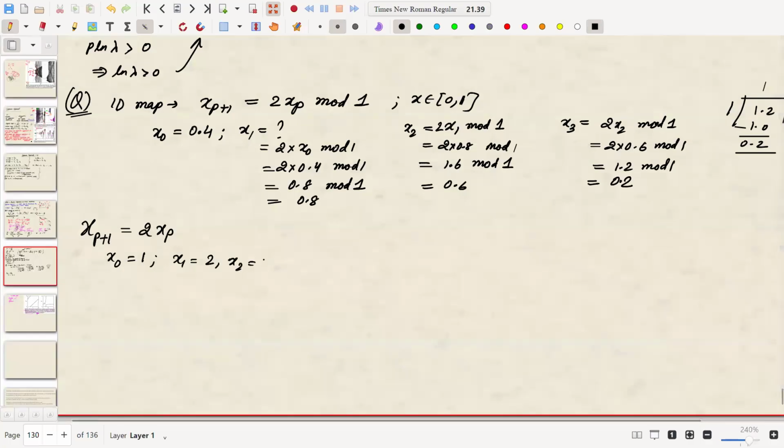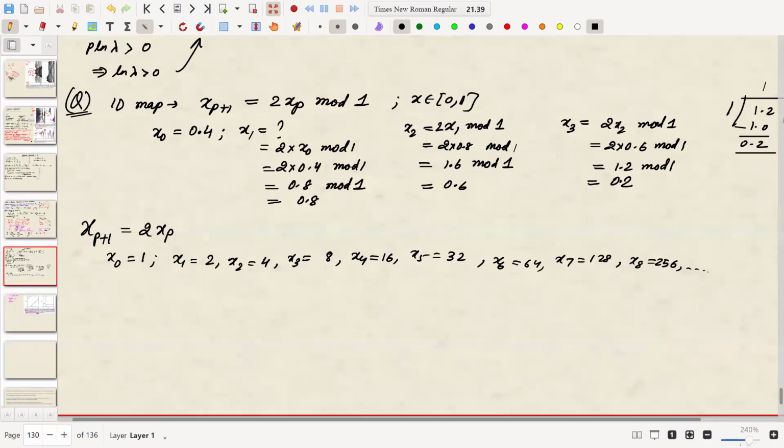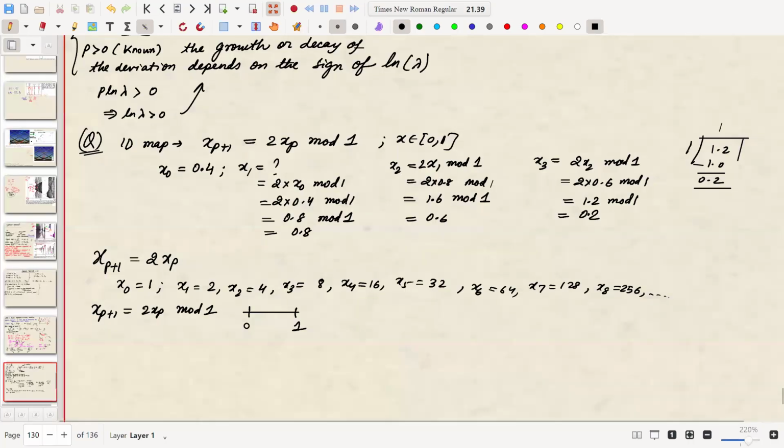What is x2? 4. x3? 8. And so on for x4, x5, x6, x7, x8. It is diverging. Do you agree that it is diverging? Diverging means there is no interesting phenomenon. So in order to make the dynamics interesting and to study it, just add mod 1. Then your values will be forced to lie between 0 and 1, and you can see a lot of things happening here.